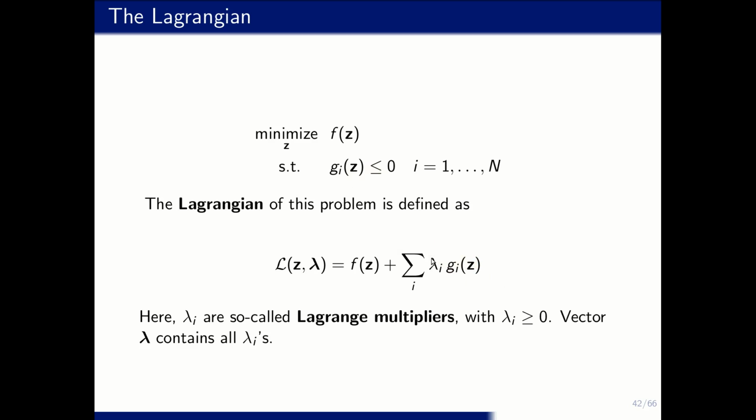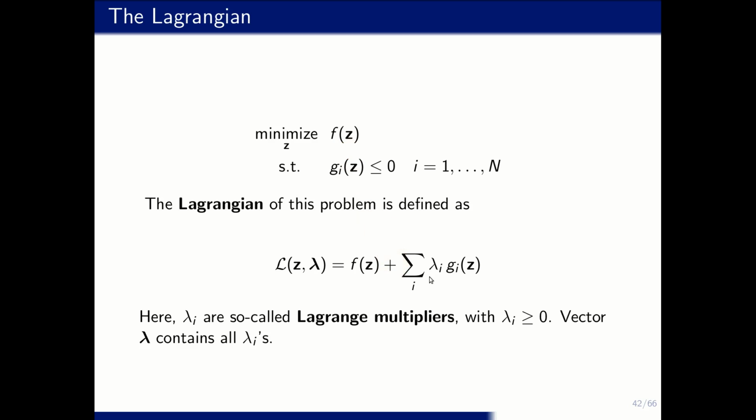The weights are given by the so-called Lagrange multipliers, which are new variables lambda_i. We have one variable per constraint. We just take our constraints, weight them with our Lagrange multipliers, and add them to the objective. It's not really clear yet what this Lagrangian does, but this is straightforward. So if this is our problem, this is our Lagrangian.